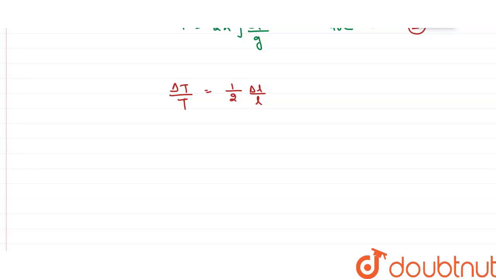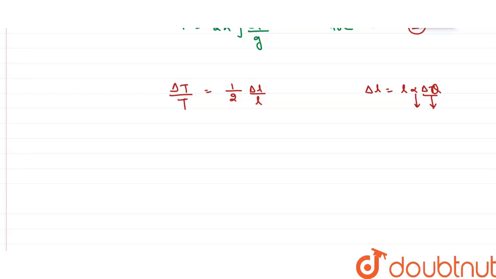Now we know that the linear expansion equation is given by change in length, that is delta L equals L alpha delta T. Alpha is the coefficient of linear expansion, and delta T is the change in temperature. Suppose I write delta theta, because T is here for time period. So for change in temperature, I will write delta theta.